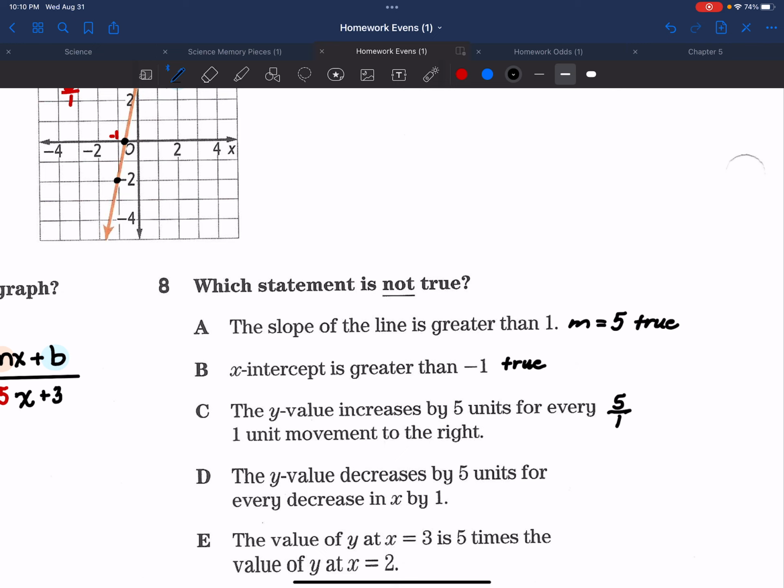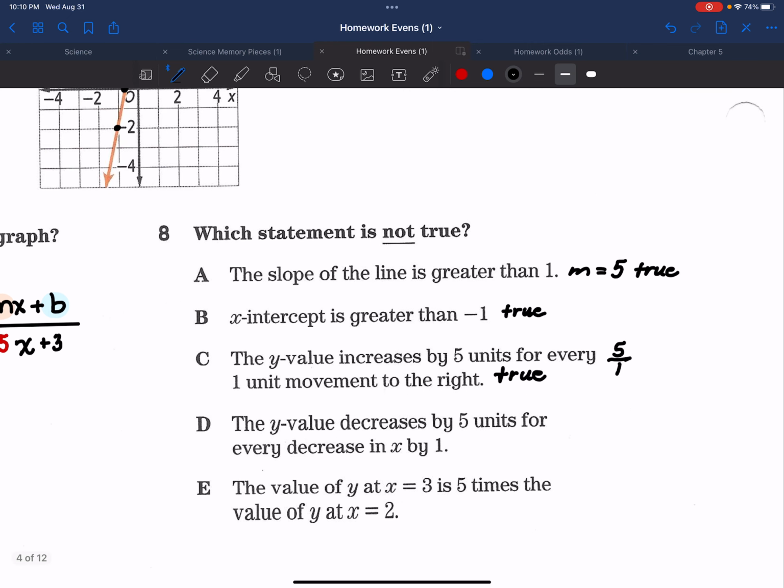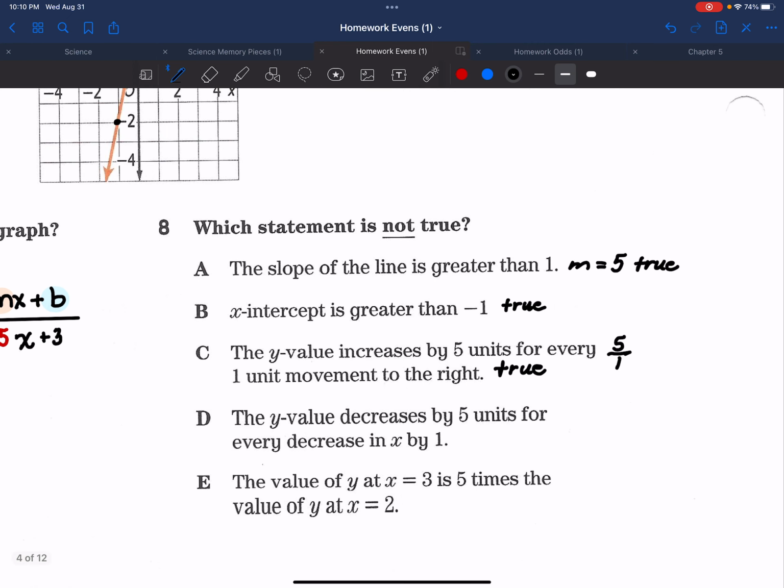That's true. 5/1 is the slope. The y value decreases by 5 units for every decrease in x by 1. That is also true because -5 and -1 still equals +5. The negative is giving you the direction.